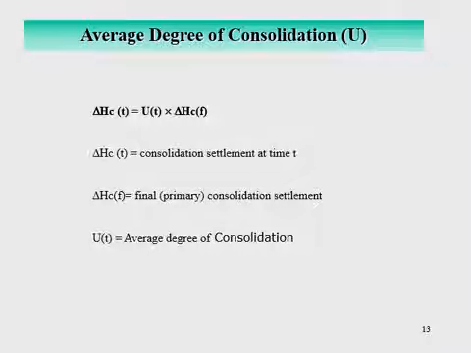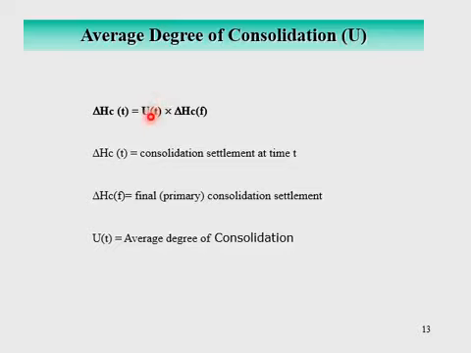What is the use of average degree of consolidation, right? Using average degree of consolidation, you can find settlement at any time t if you know the final consolidation settlement. This final consolidation settlement, we did in our lecture number 3, right? And we would do this U at time t, which is average degree of consolidation, in this lecture number 4.